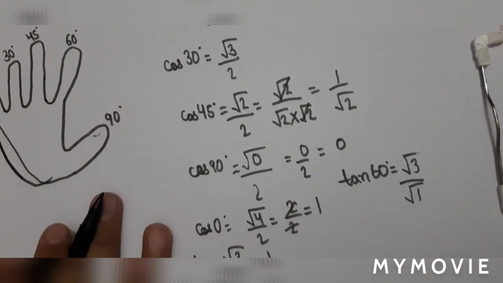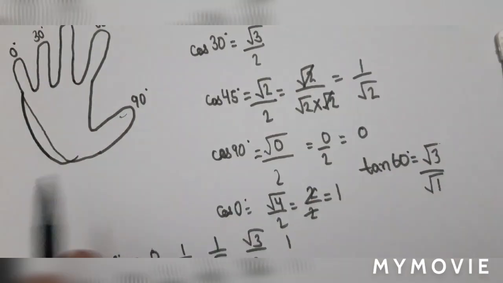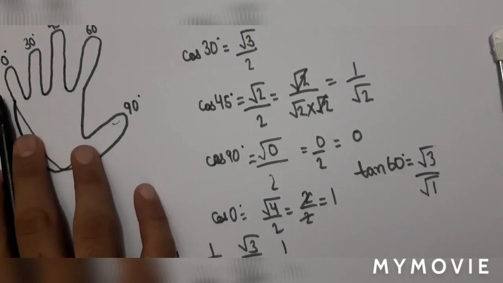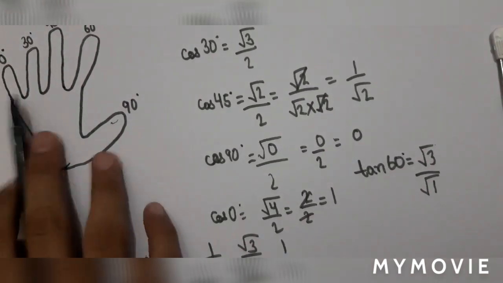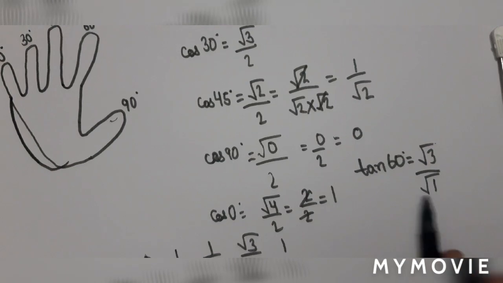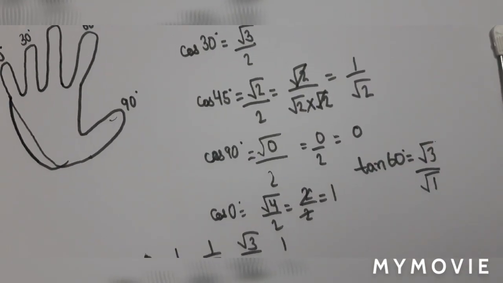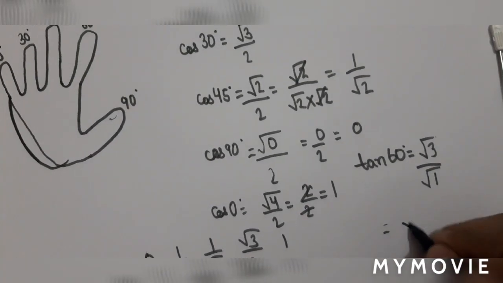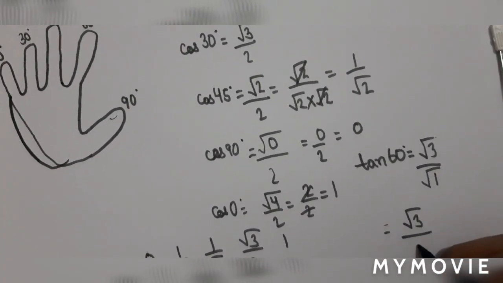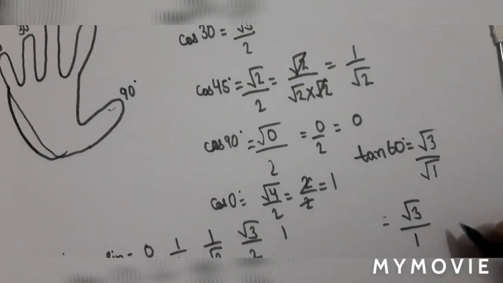In this, for tan, you should check how many are remaining here. 3 are remaining. You should find the root of 3. And how many are remaining this side? You should write below it as a denominator, and you should find the root of denominator also. So root 3 and root 1 value is 1. So we got tan 60 value root 3 by 1, which is root 3.